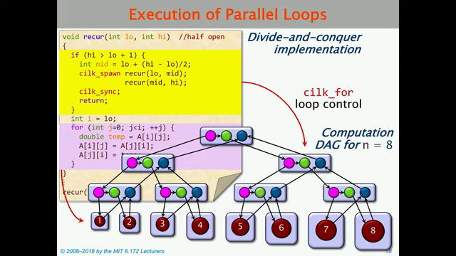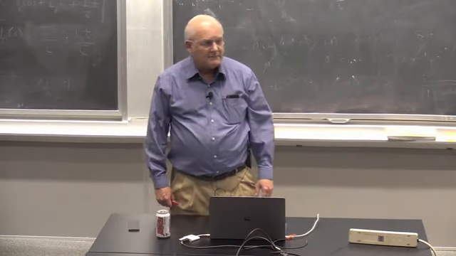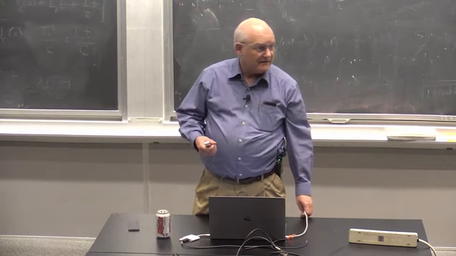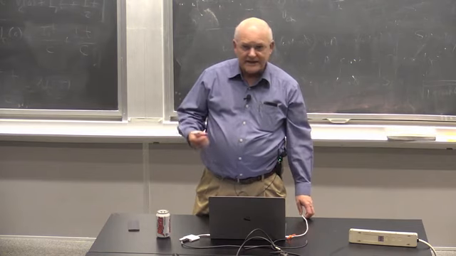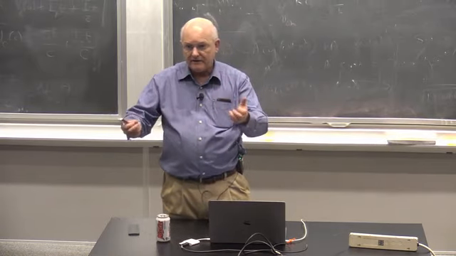Okay, I'm showing it for 8, but in general, this is working from 1 to n for this particular one. Okay? So is that clear? So that's what's actually going on. So the OpenCilk runtime system does not have a loop primitive. Okay? It doesn't have loops. It only has essentially this ability to spawn and so forth.